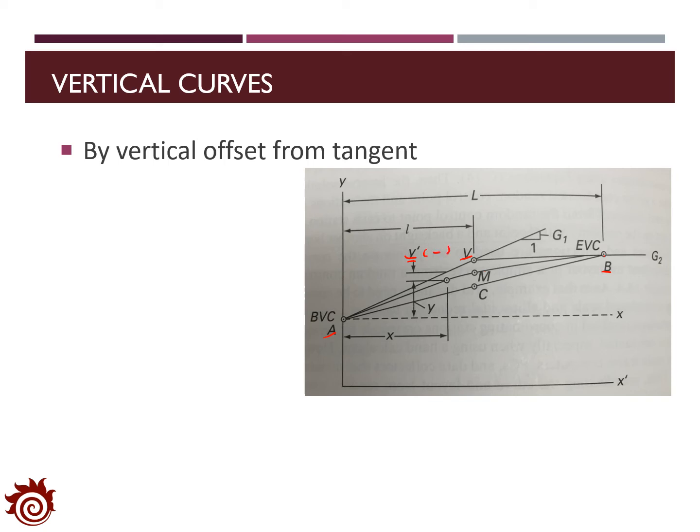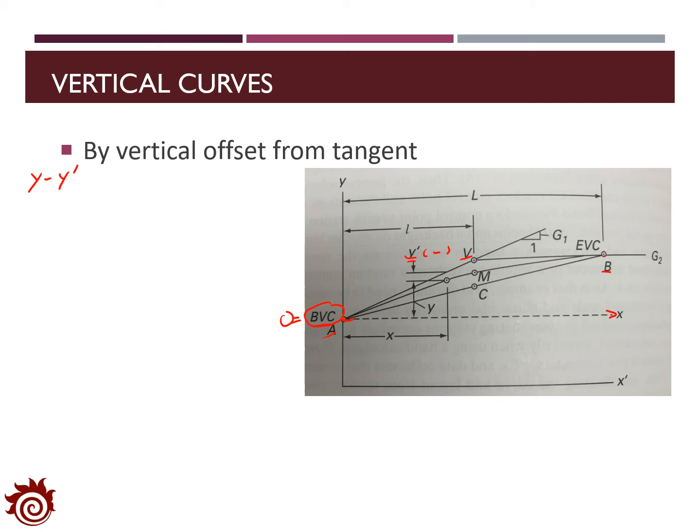And then we can find out the distance from the tangent line to the elevation of the starting point BVC as y minus y prime. And now we just assume that the horizontal line at the level of BVC is the one we're going to use. In that sense, the elevation at BVC can be assumed as 0 to simplify analysis.